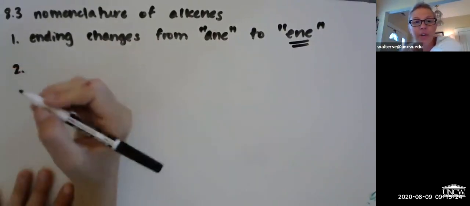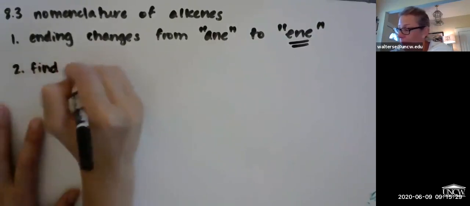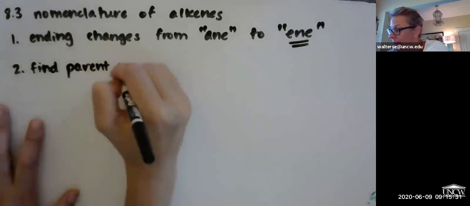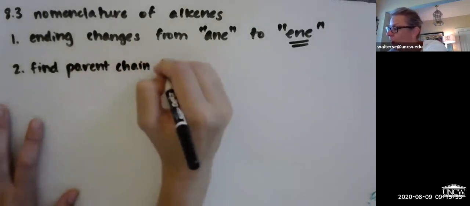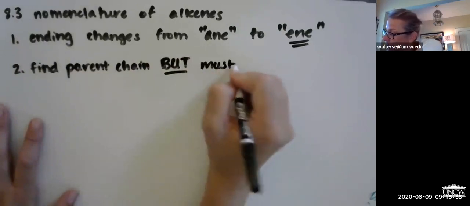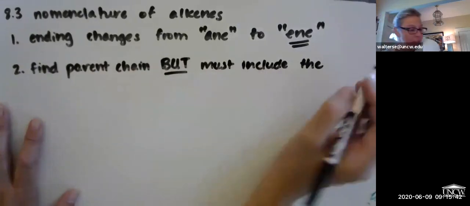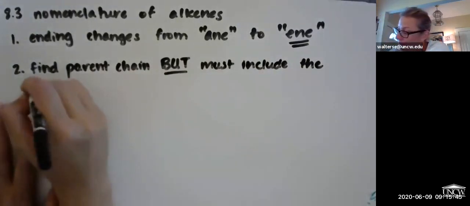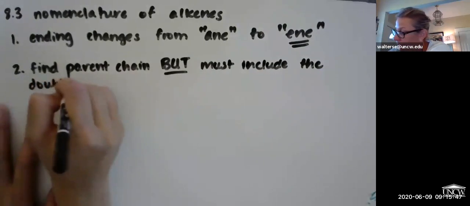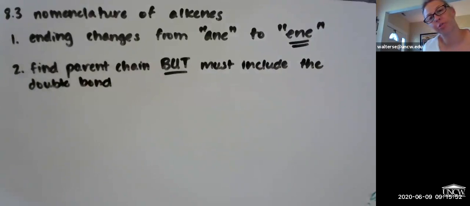The second thing is that you're going to find your parent chain but it must include the double bond, because an alkene has a higher priority as a functional group than an alkane. So the name of your compound has to include that pi bond.